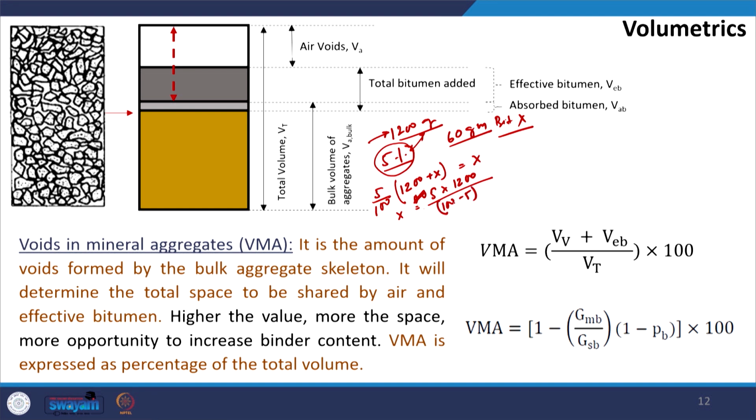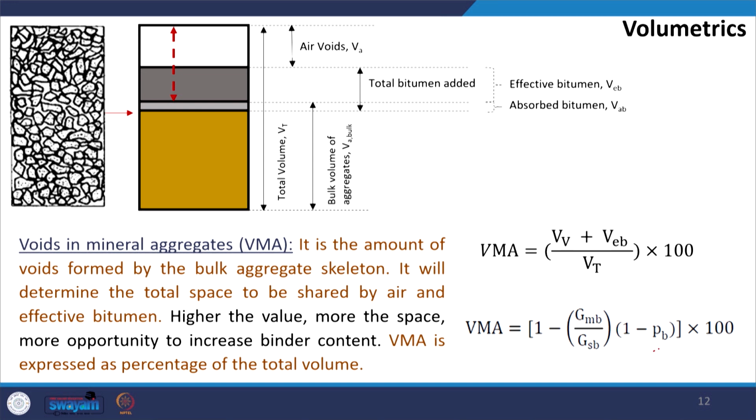This is the calculation which you have to do to calculate the actual binder content. This is just for your information. We will discuss this again when we talk about an example on mix design. So, PB is the percentage of binder in the mix.